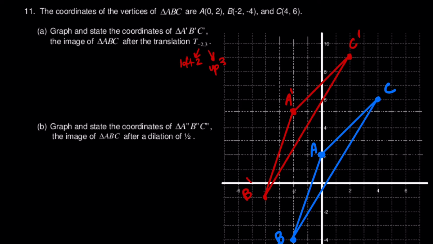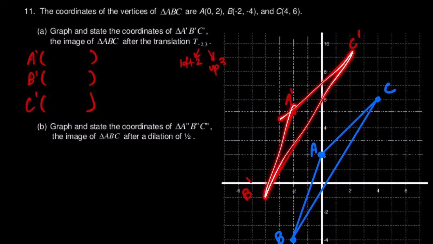Now we still need to come up with those coordinates for A prime, B prime, and C prime. So if you were a visual person and you did this sketch first, then you would just look at the coordinates and write those down. If you're more of an algebraic person, what you would do is take this -2 and add it to all of those x values there.